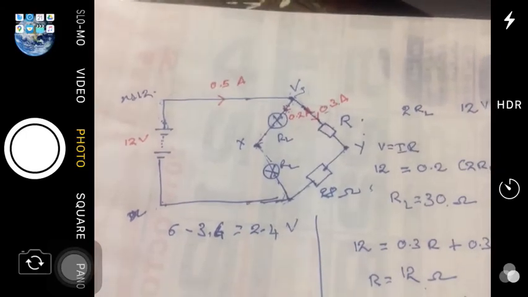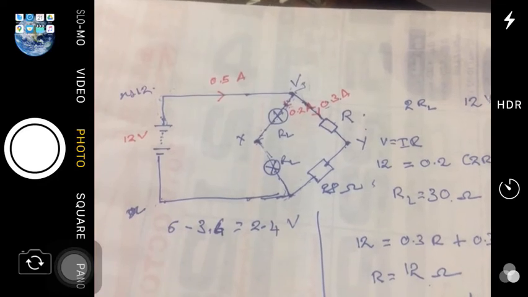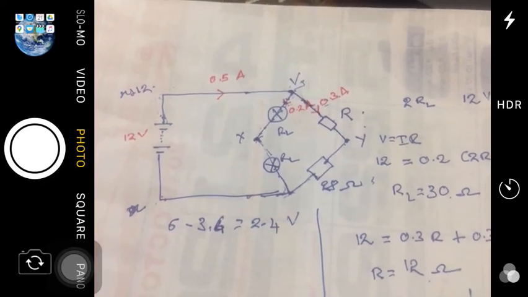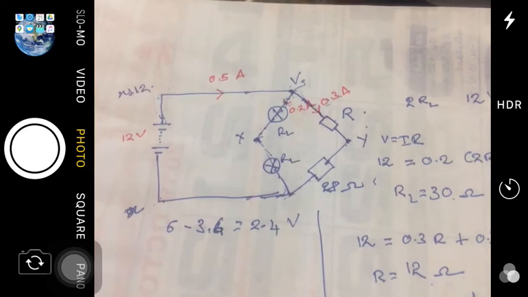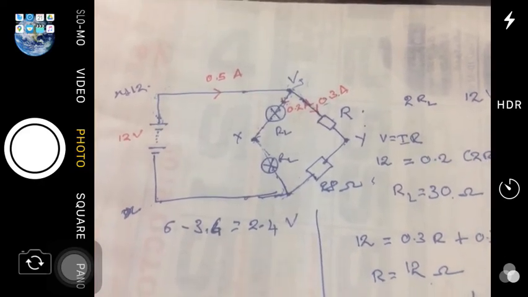So we have two resistors of value 30 ohms each.